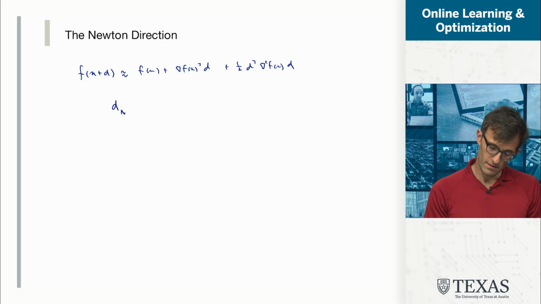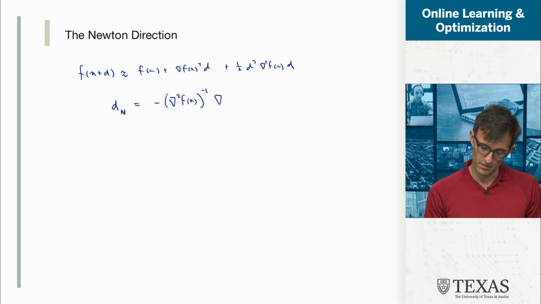And d subscript n, for Newton, as we just derived, is equal to minus the Hessian of f inverse times the gradient of f of x. And so Newton's method tells us that x t plus 1 is equal to x t minus d.